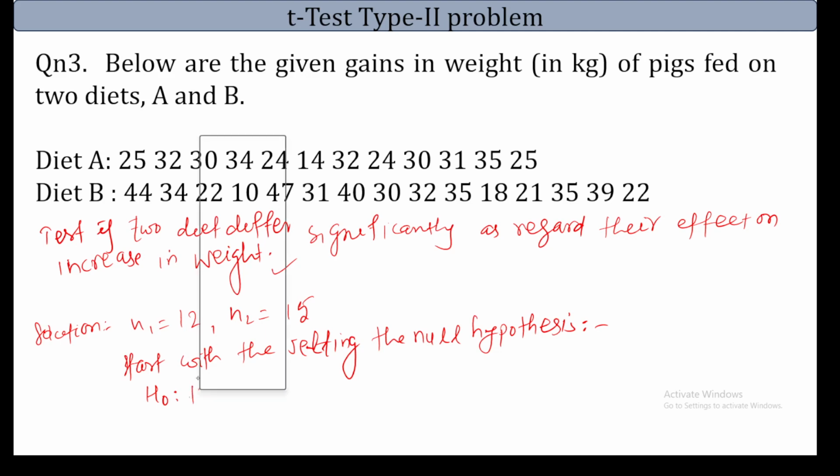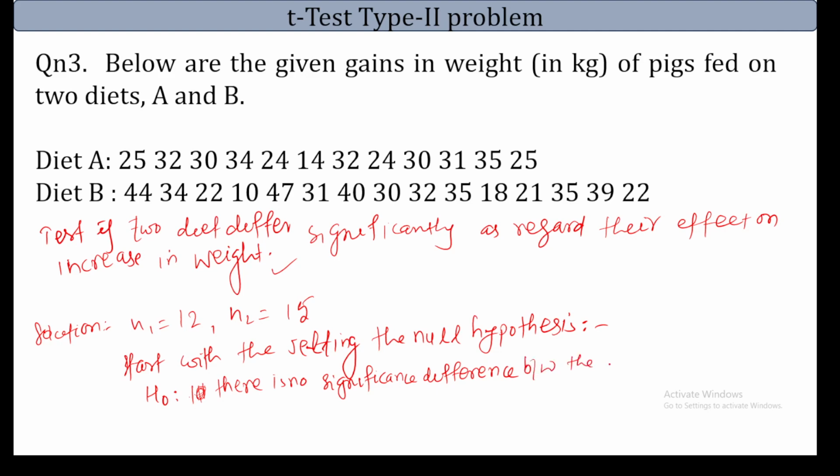Yeah, we can say there is no significant difference between the mean increase in weight due to different diet.